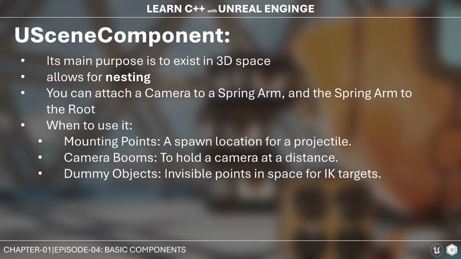Use cases include mounting points, a spawn location for a projectile, camera booms to hold the camera at a certain distance, or dummy objects. The important note is every actor has a root component. The root must be a scene component or something inheriting from it, because the actor needs to know where it is in the world. That's it.